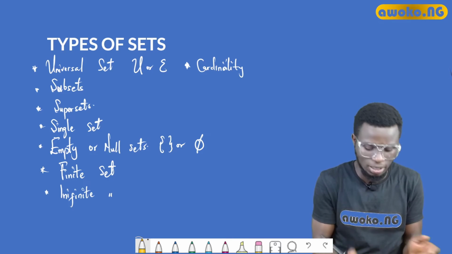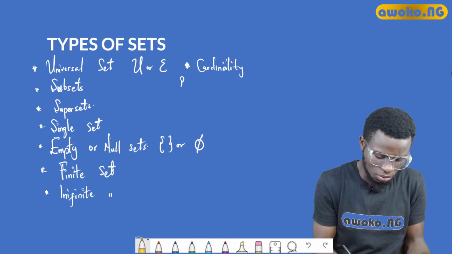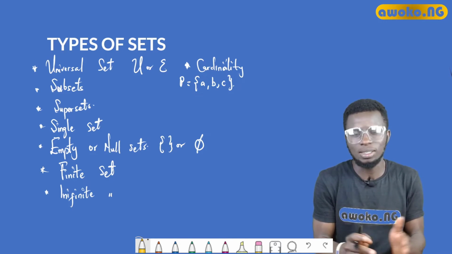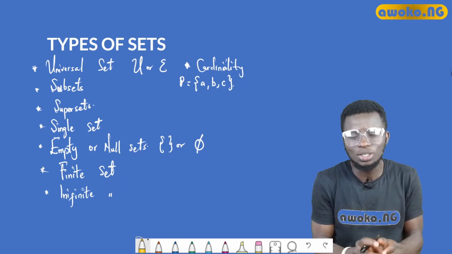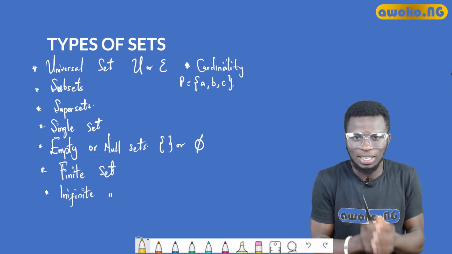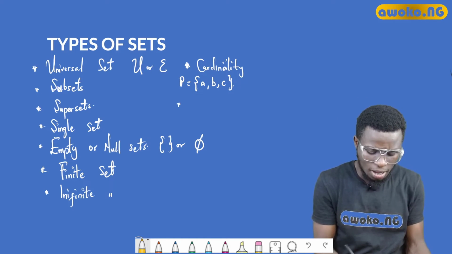So let's say we have set P containing the elements a, b, and c. Then we can say that the cardinality of this set is simply 3, because we have 3 elements in the set.